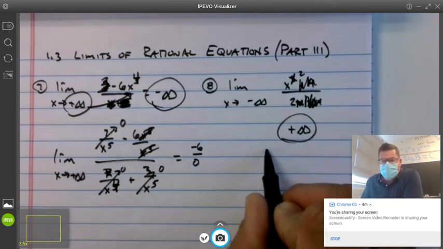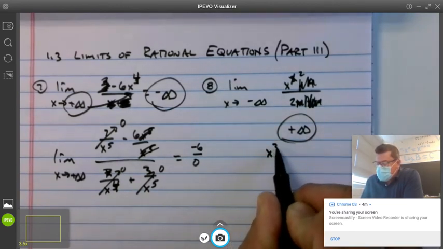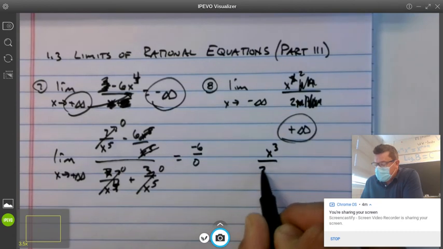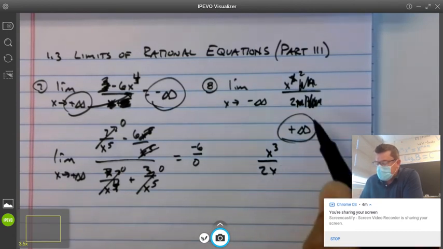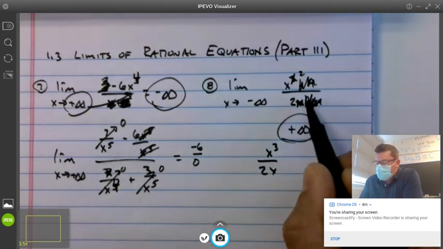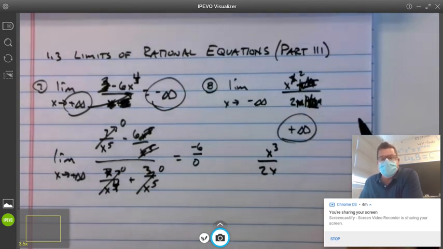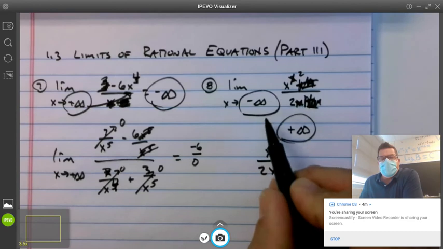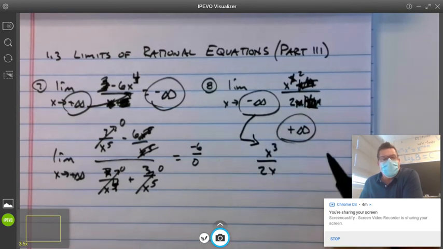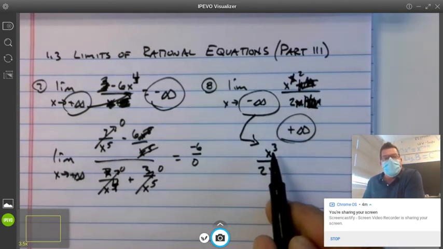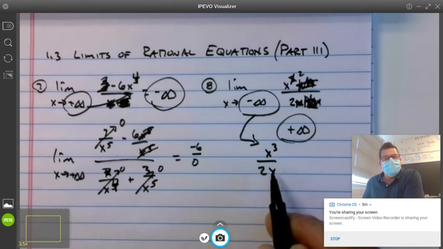So let me explain. The original was x to the third, and then this was 2x after we got rid of everything but the highest power of x. If we apply negative infinity to it right now, that would be negative infinity cubed, which is negative, divided by 2 times negative infinity.